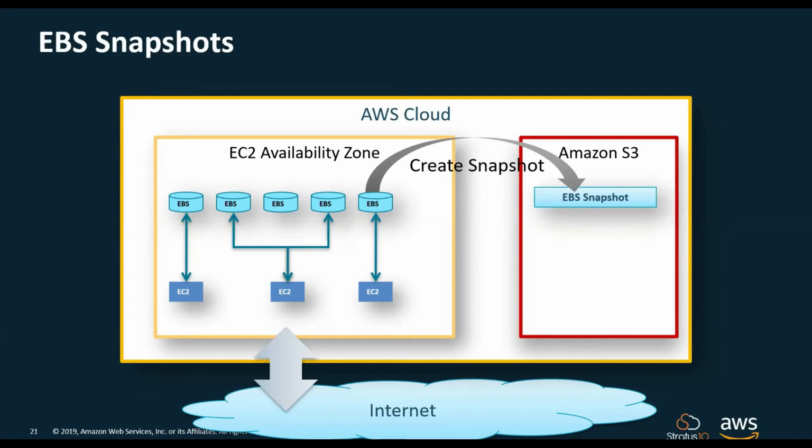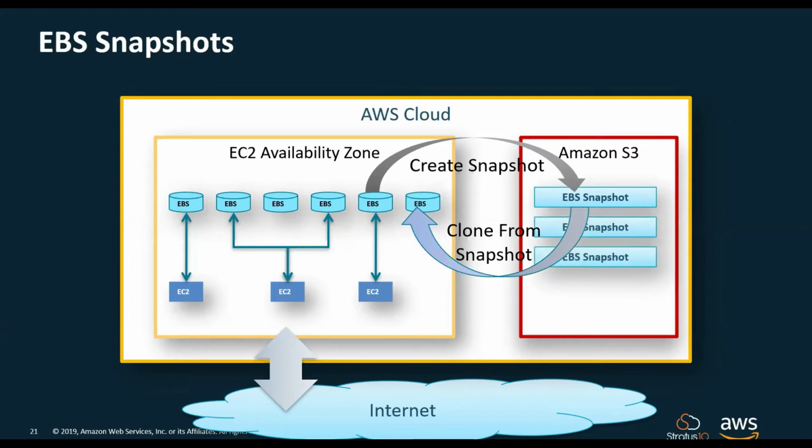It is not pushed into an S3 bucket that you can see, but it is in S3. When you restore a snapshot from S3, it'll create an EBS volume that's available for you to attach to an EC2 instance. So you can have multiple snapshots of the same EBS volume.